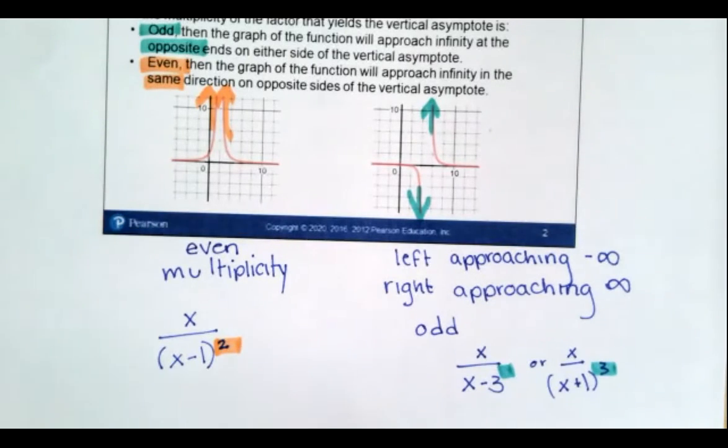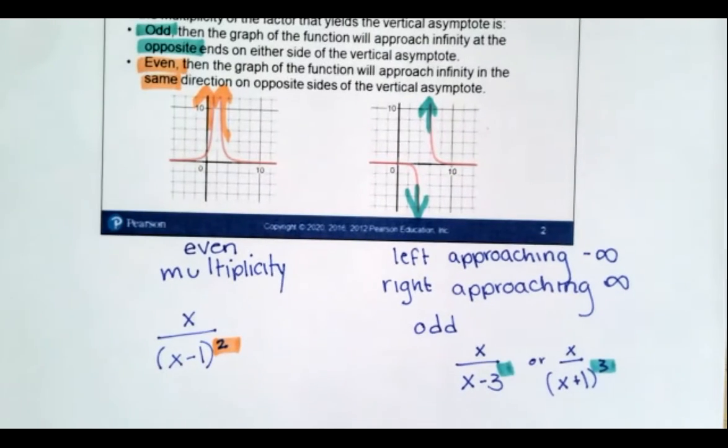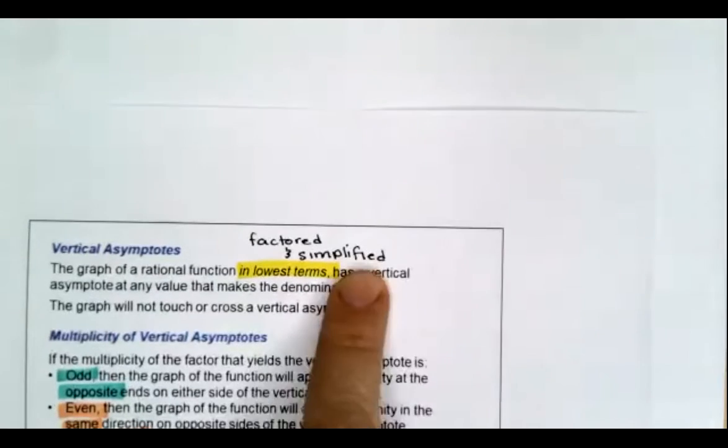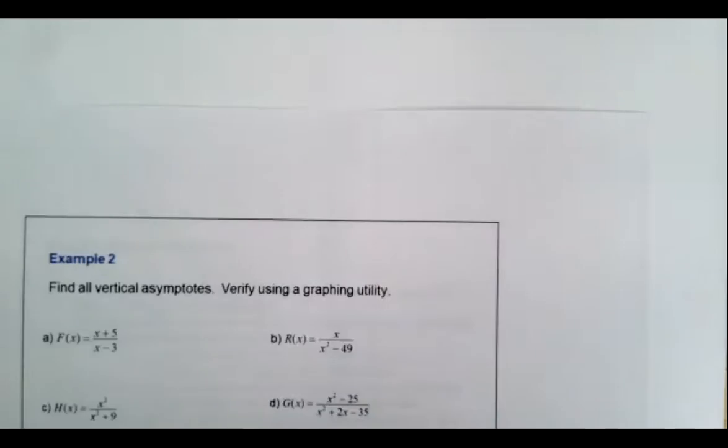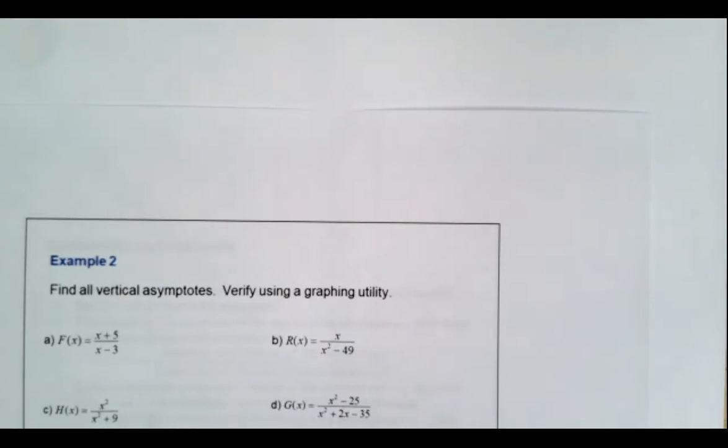So you might see it more often because it's just not raised to any power. Even multiplicity, odd multiplicity, what the graph will do. In lowest terms, remember, factored and simplified. So you have removed any factors that were common to the top and to the bottom of the fraction.